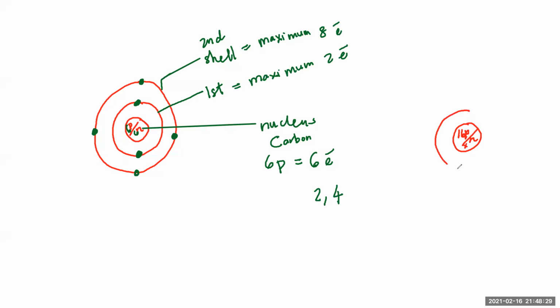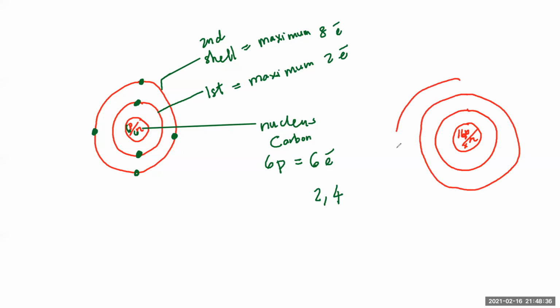The rest of the subatomic particles, the electrons, are all inside the shells. So remember, sulfur has 16 protons and therefore it should have 16 electrons.